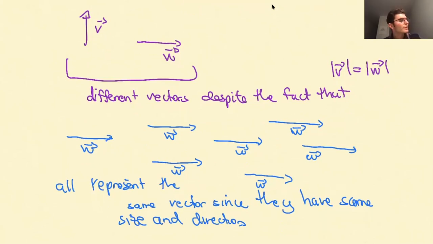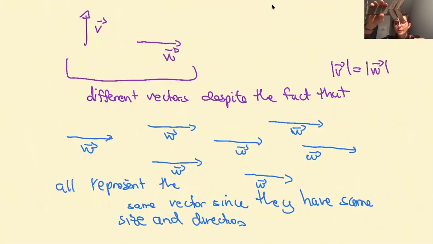The idea is that vectors here are out in the wild. They haven't been captured, so vectors can be put anywhere in space. Once you have an XY coordinate system, you want to drag the vector so that it begins at the origin.